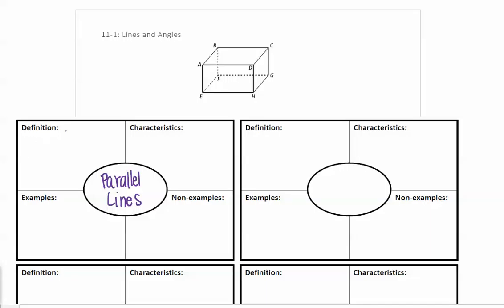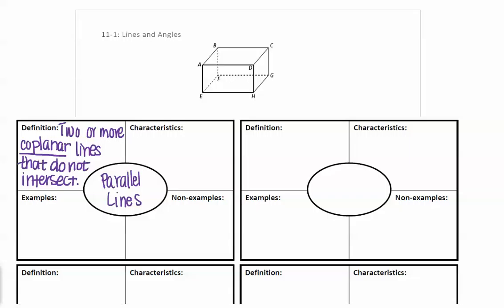Parallel lines are two or more coplanar, and that is very important, lines that do not intersect. So this is the new part. They have to be coplanar, and coplanar means on the same plane.